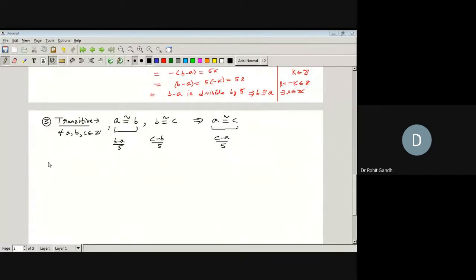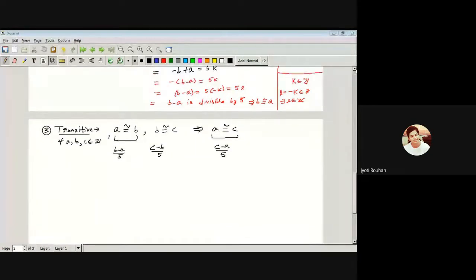How would I start? Simran Kaur, yes. Sir, before this, I want to say something. You have defined A is related to B if A minus B is divisible by 5.